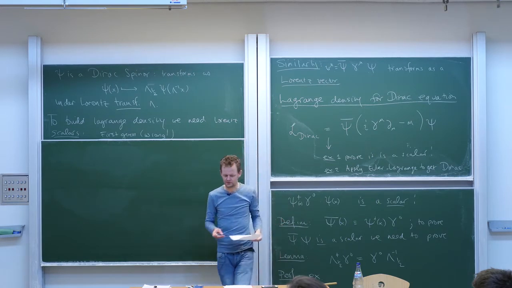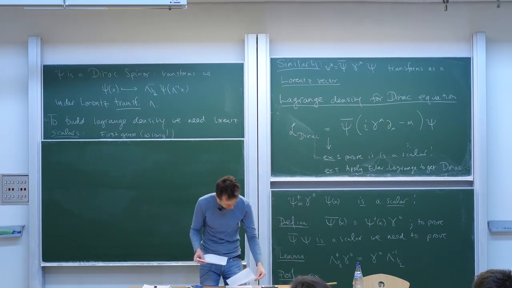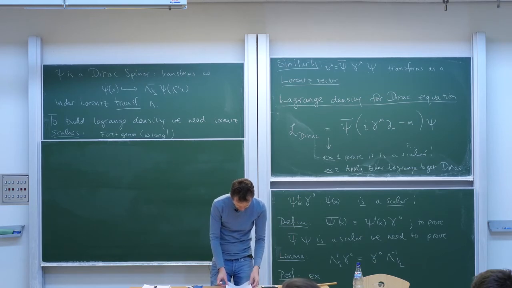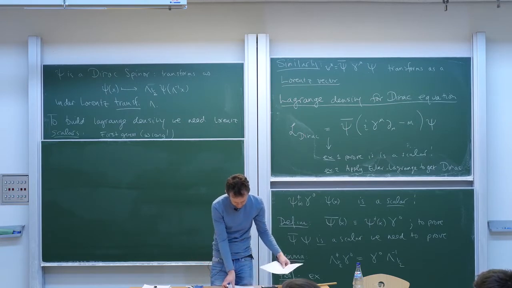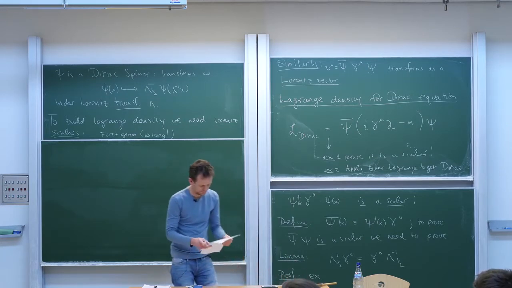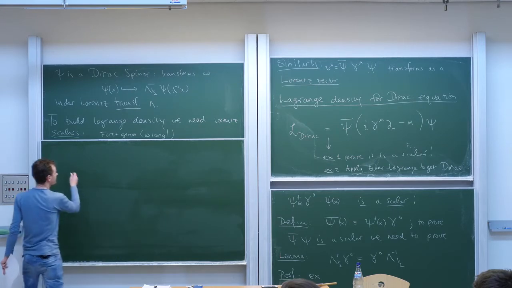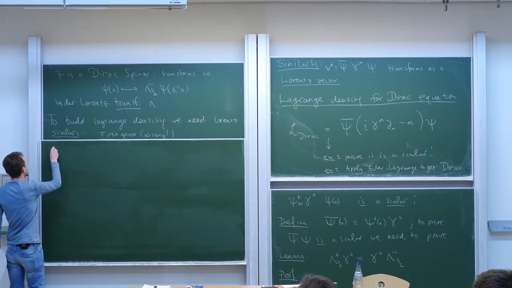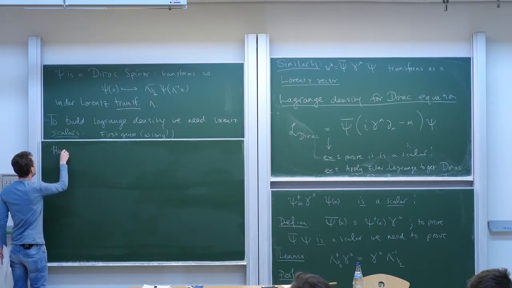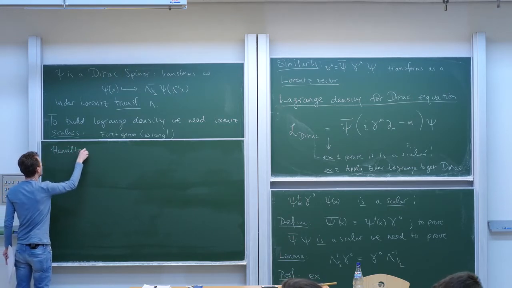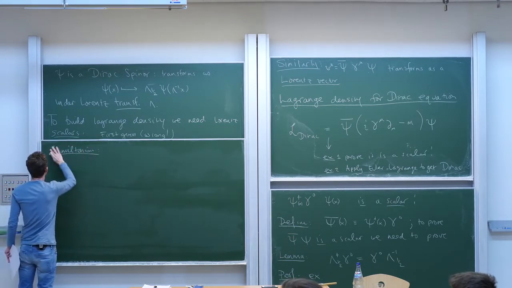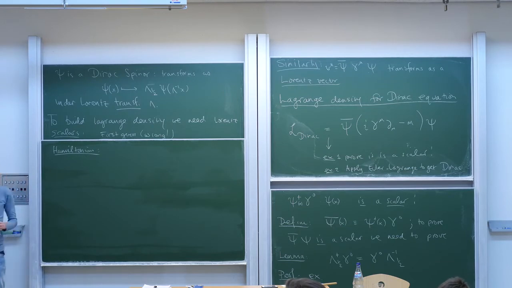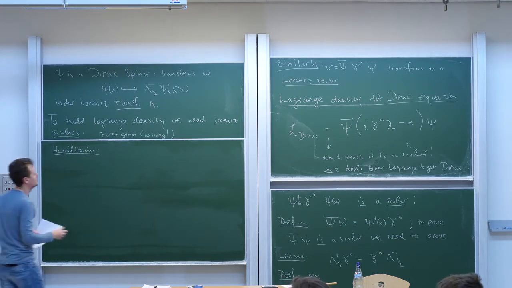I guess I'll do the Hamiltonian density now, because that connects better, doesn't it? So we're going to work out the Hamiltonian for the Dirac field, and we're going to do that by first working out the conjugate momentum.